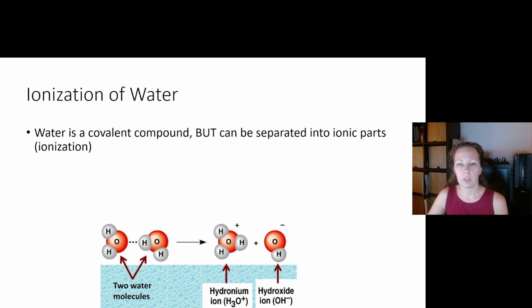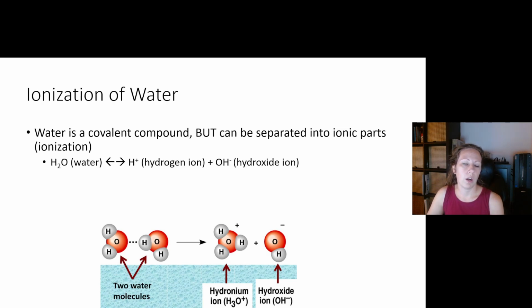Not all of it will be separated, but when you just have a cup of water, some of the water molecules will separate into ionic parts. And so you have water and it can go back and forth, and it can separate into hydrogen ions and hydroxide ions.